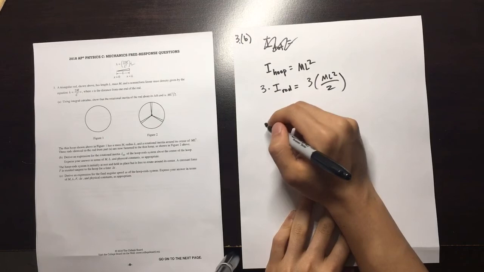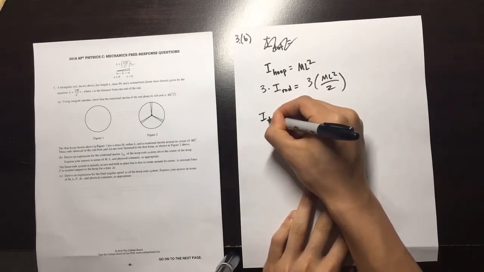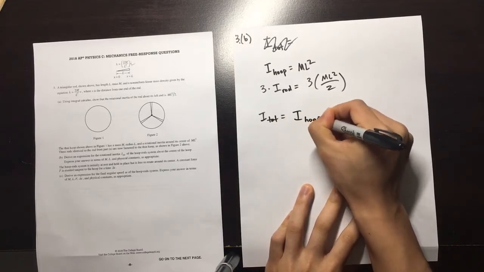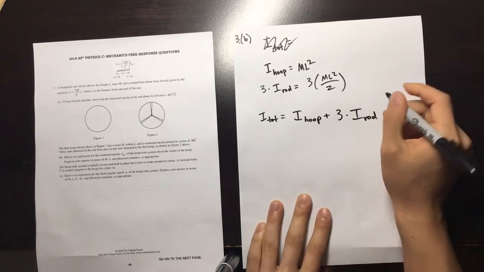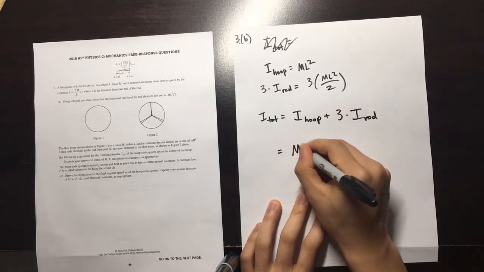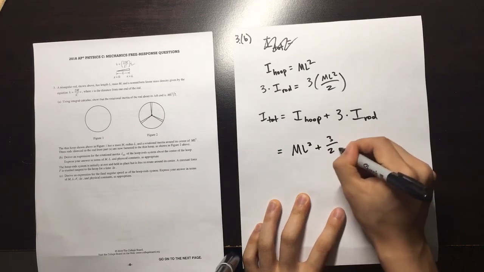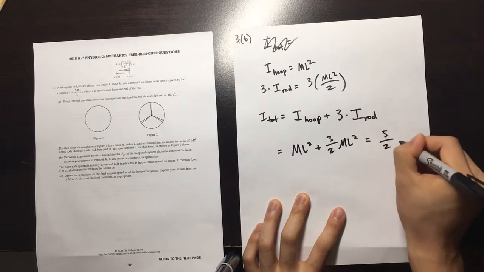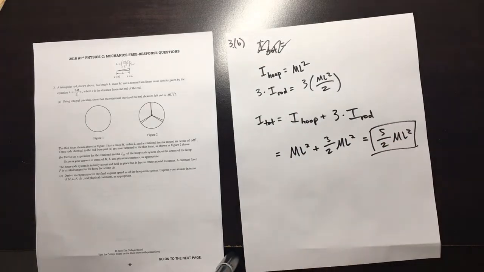So I total equals I hoop plus 3 times I rod, which will give us, that should be the answer.